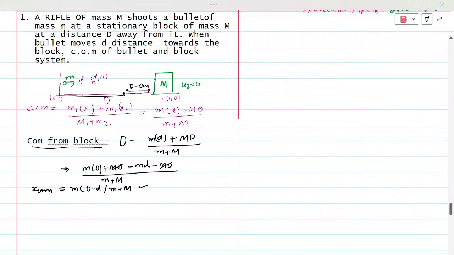I want to check whether it is coming or not.